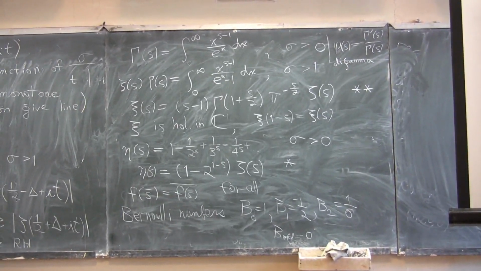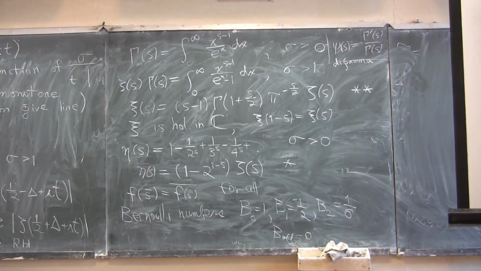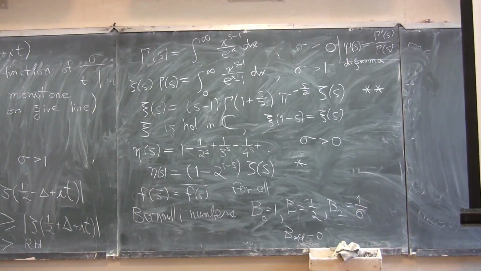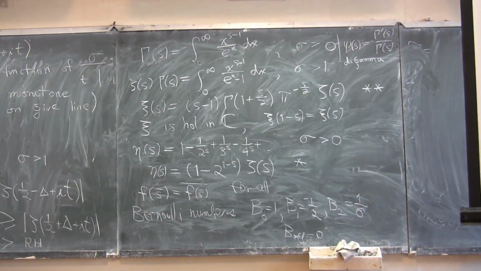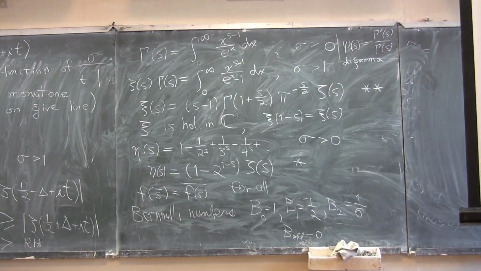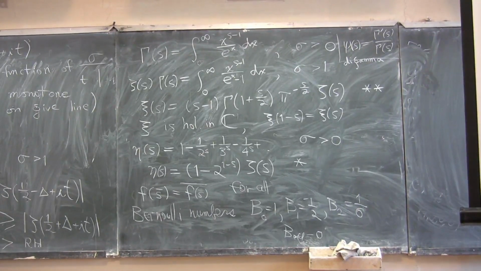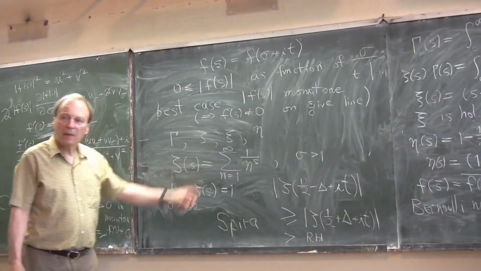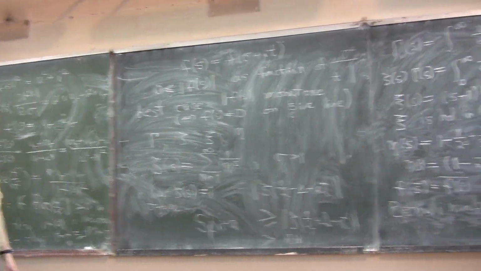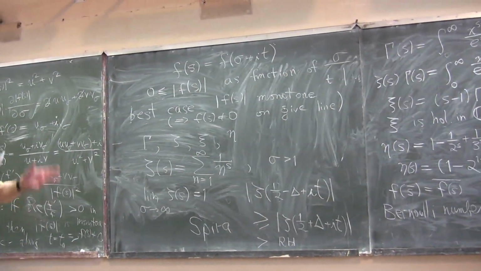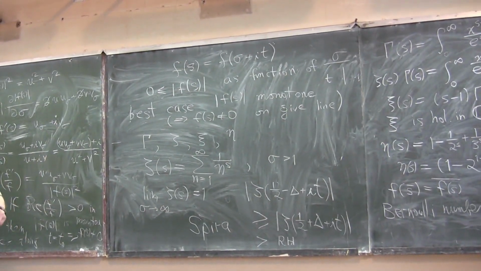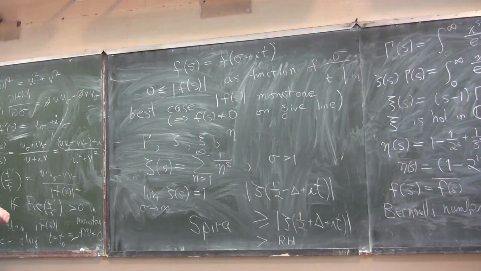Right, so what I'd like to do next is look at first this function, psi. The monotonicity of psi was studied by one of the papers I mentioned, Steklov, and they showed that it is monotone.